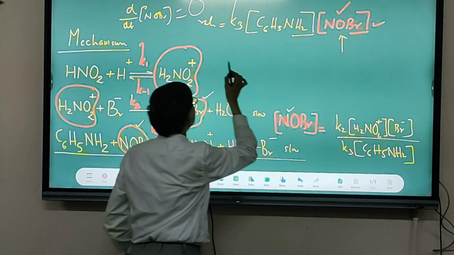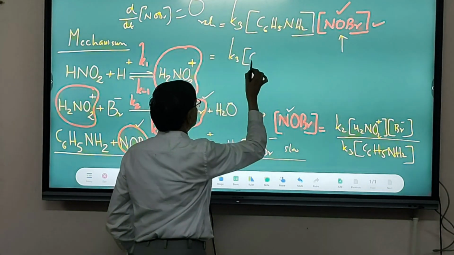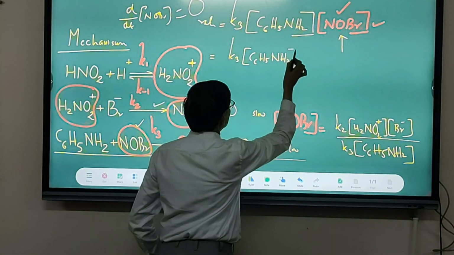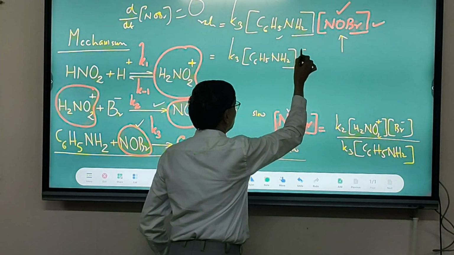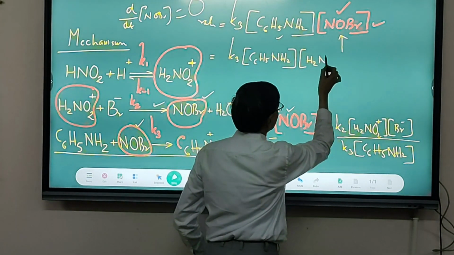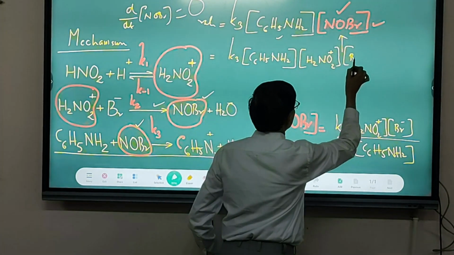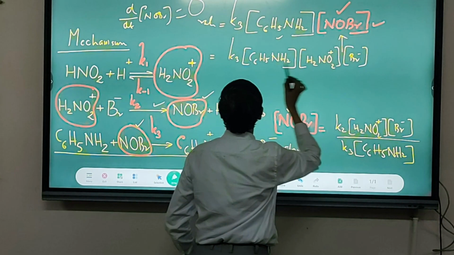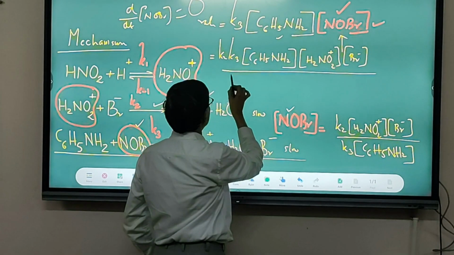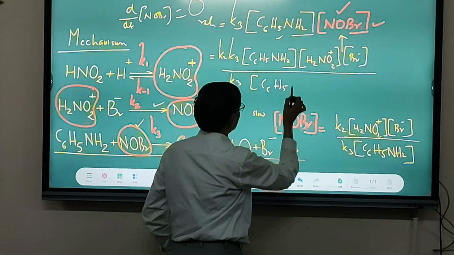So finally the rate is equal to K3 C6H5NH2, and in place of NOBr we can write K2 H2NO2 plus Br negative divided by K3 C6H5NH2.